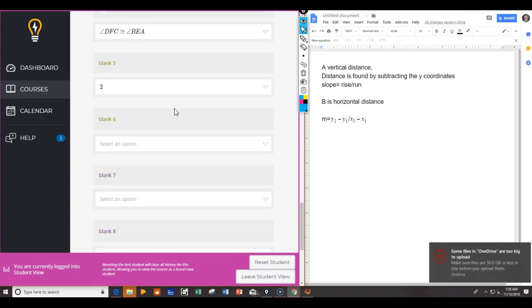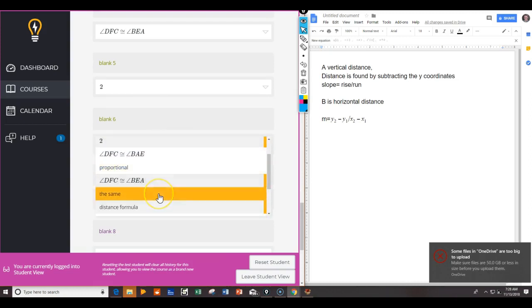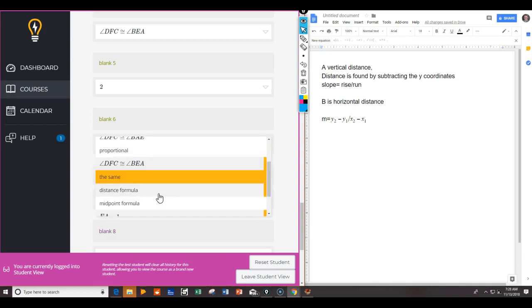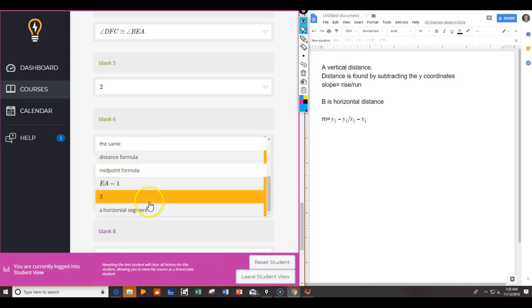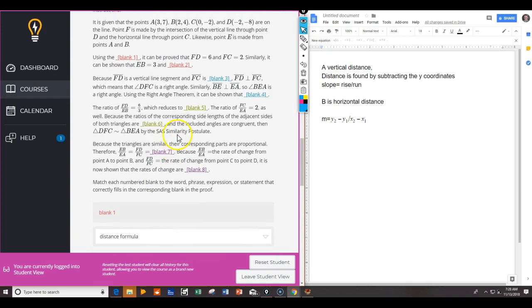Let's look at our options. For blank 6: increasing, proportional, the same, midpoint. Alright, so let's read this. Because the ratios of corresponding side lengths of the adjacent sides of both triangles. Okay, so ratios.